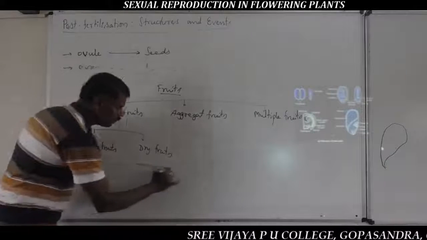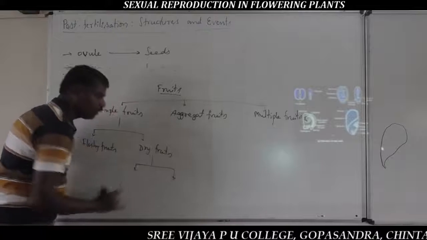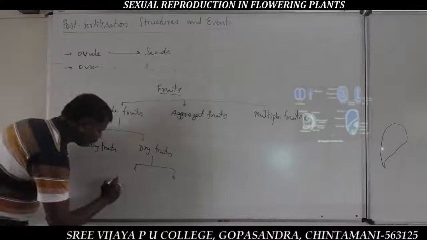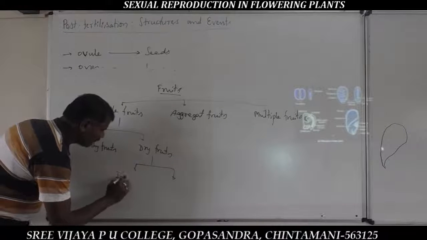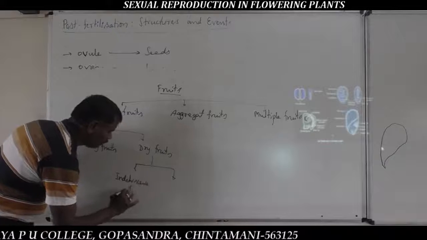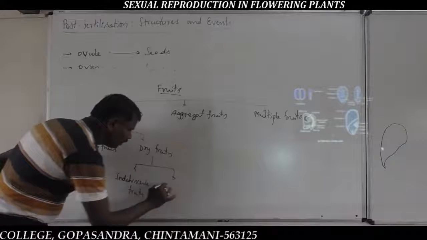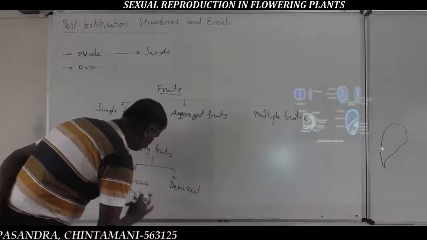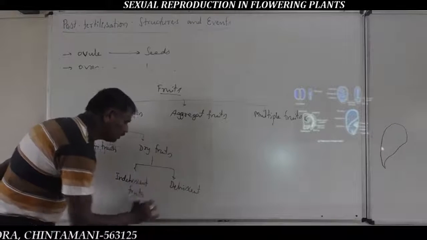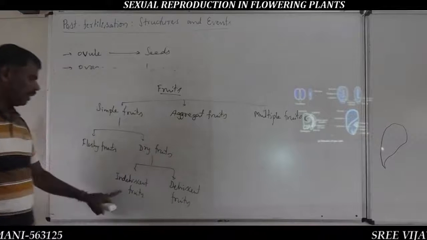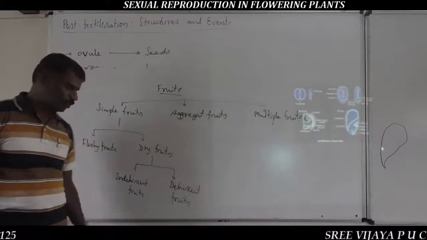The dry fruits, once again, are of two types based on dehiscence: indehiscent fruits and dehiscent fruits.